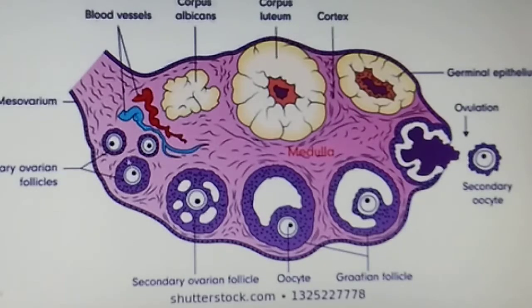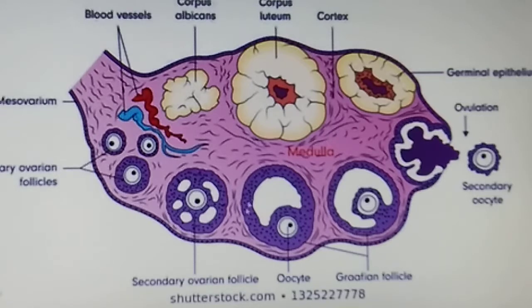See, this is the complete structure that we'll study later on, but just to give you knowledge. There are a lot of germ cells, and a lot of primary follicles present inside our ovary, students, which give rise to a secondary ovarian follicle after division.